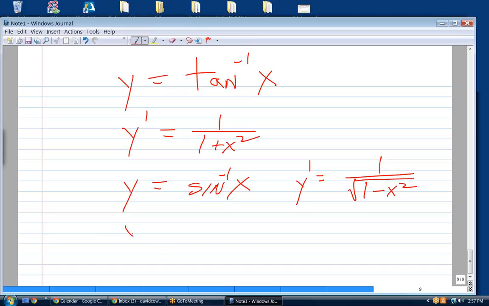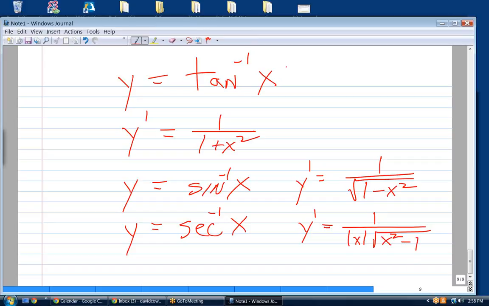And then the third one is y equal inverse secant. And that y prime is, remember this? Yeah, I think I do. Is that one the absolute value of x, square root of x squared minus 1? Yes. Yeah, I do remember that one.